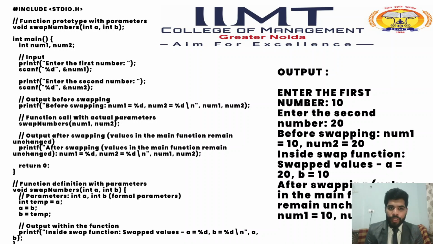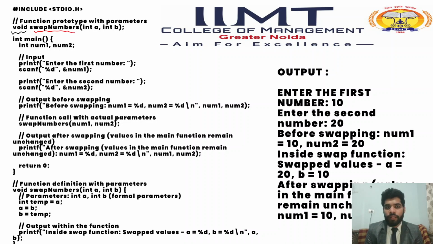So we have written void swapNumbers(int a, int b). Void here is the return type, which means the function will not return any value. If the function is not returning any value, we will have to print the result in that function itself. After that, the function name, swapNumbers.